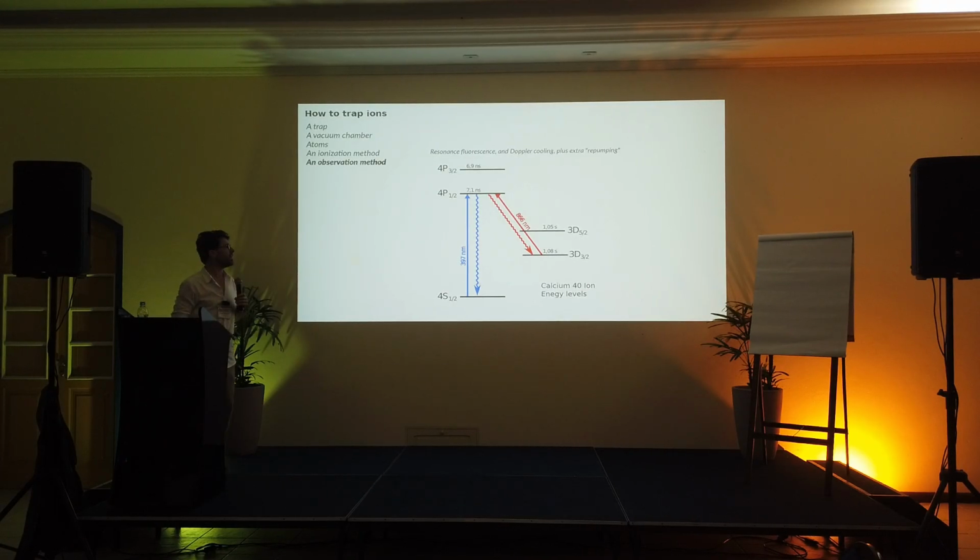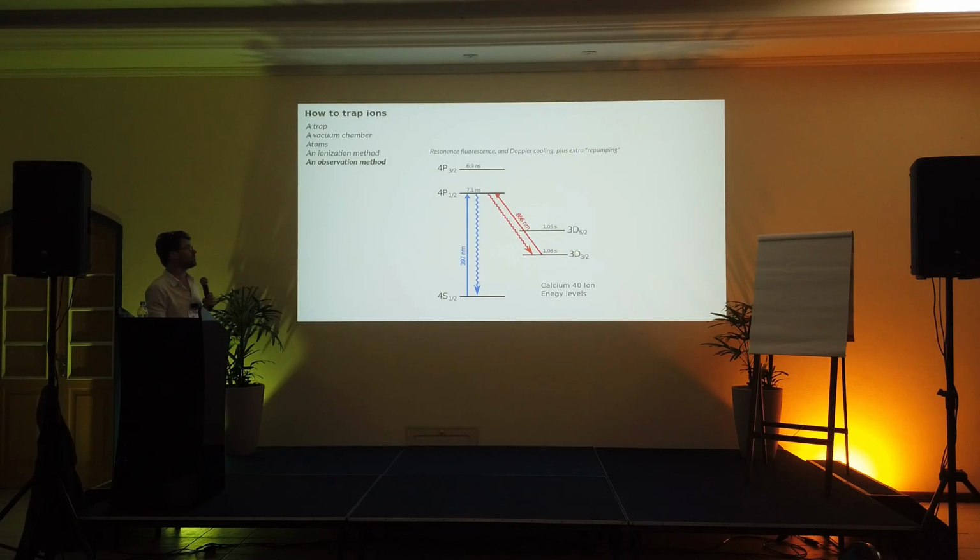That will allow you to observe the ions, but unfortunately, this atom has a decay channel to this state, which is a D3/2 state, which has a very long lifetime. And if you don't take your population out of this, very soon your electron will end up here and your atom won't fluoresce for a second, and then later it will decay, but it takes a long time, so this is a very long lifetime.